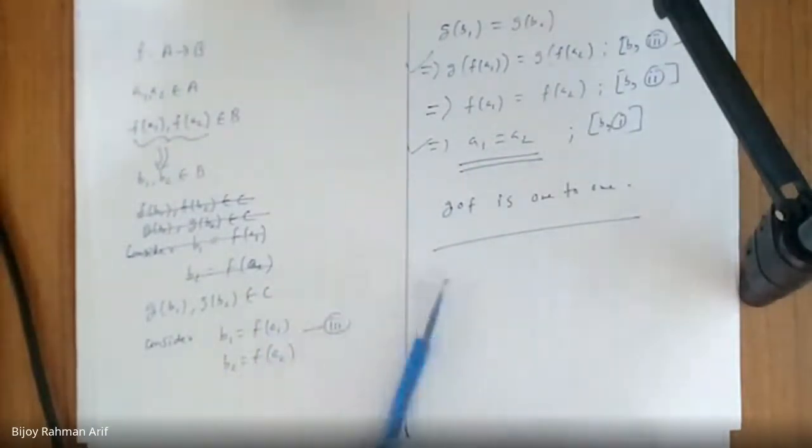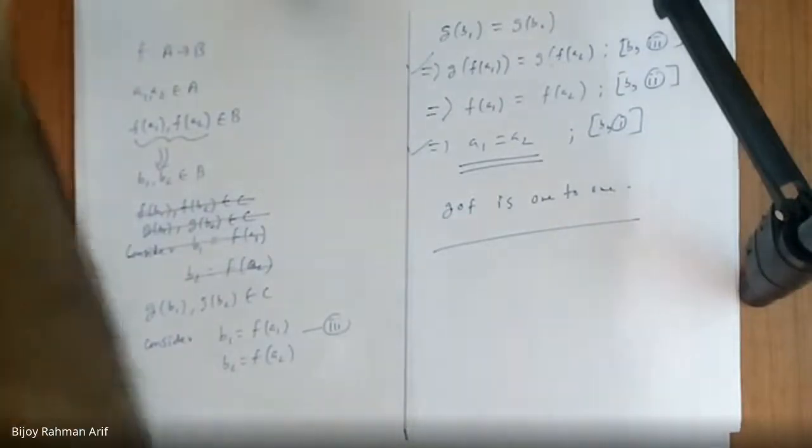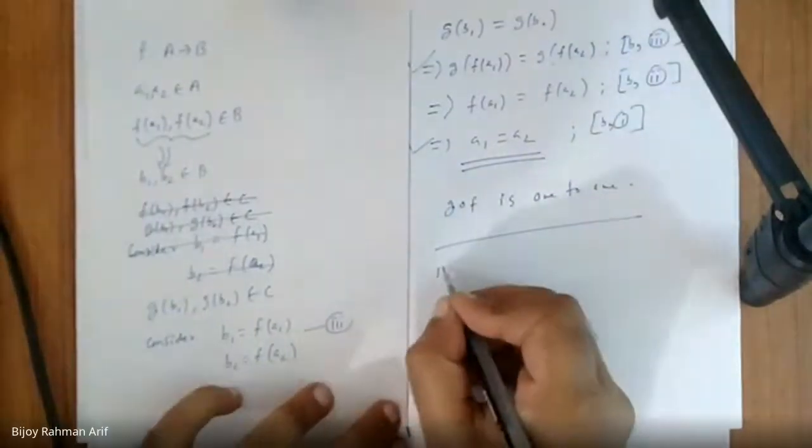Did you get it? Yes, sir. Now let's go to the second part. What is the second part? We have to prove G o F is onto. So how can we prove it?